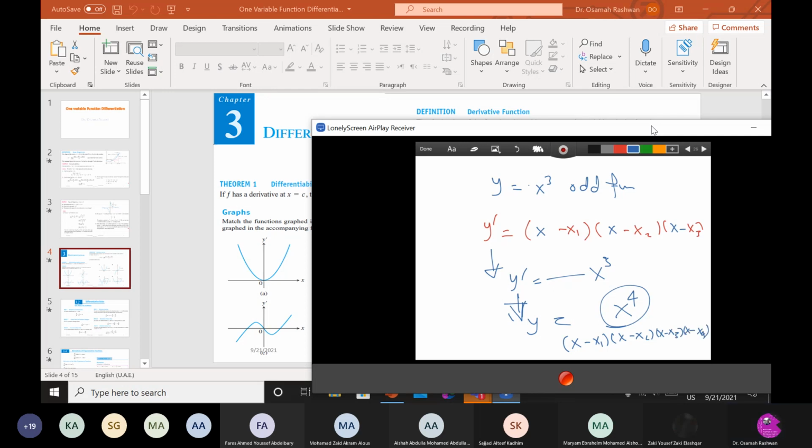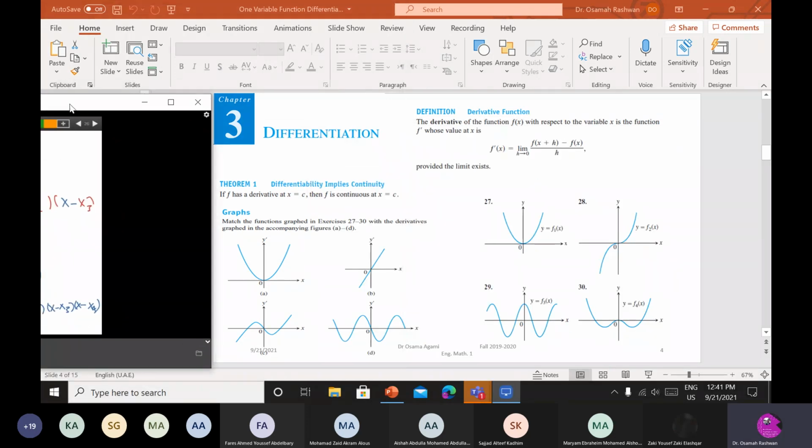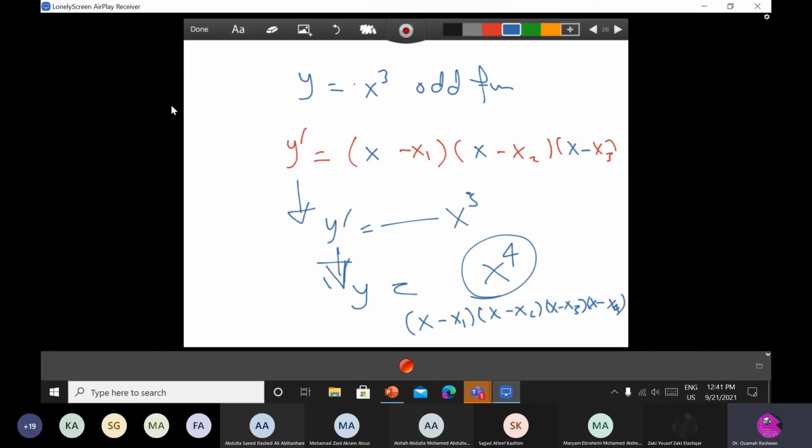Tamam. So which one has 4 roots? 29 or 30? 29. So C will link it to 29. Catch it? Yes. Okay. Now I will explain to you again.